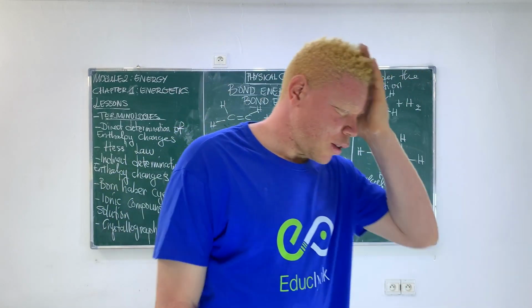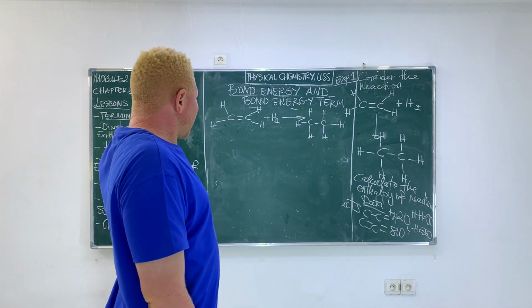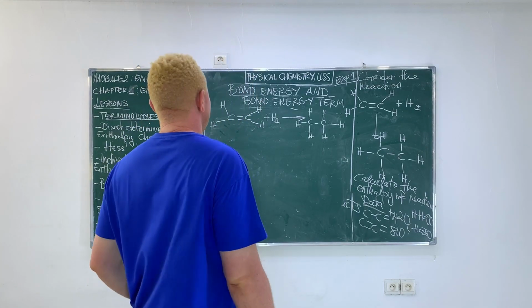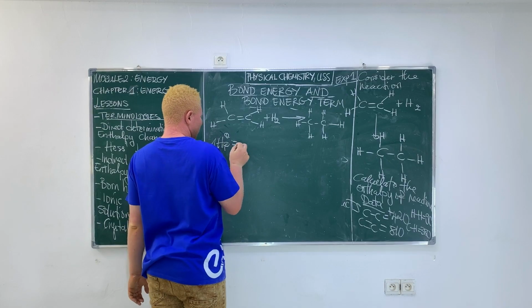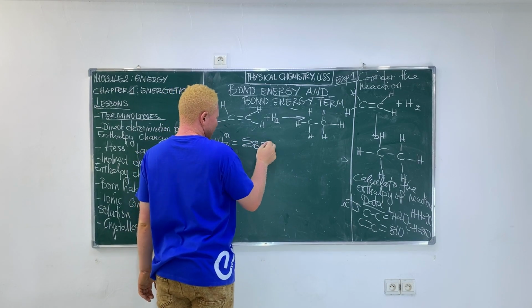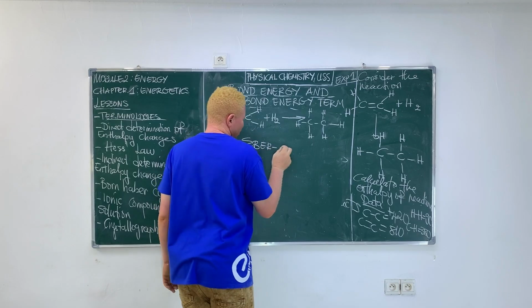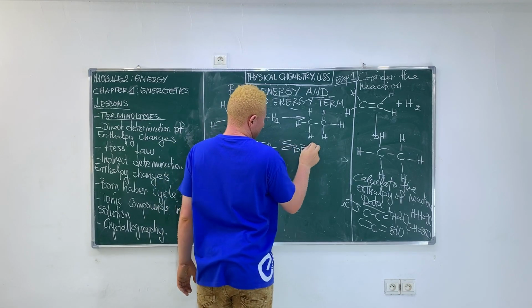So we make use of the formula. The enthalpy of reaction equals summation BE of reactants minus summation BE of products.